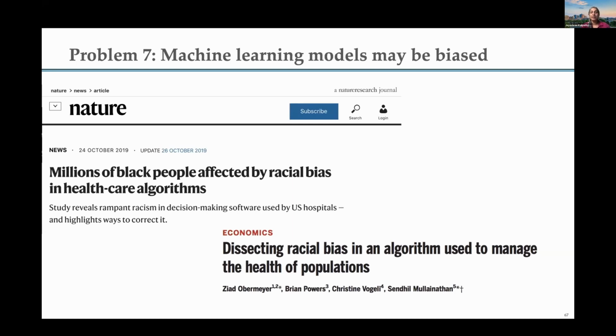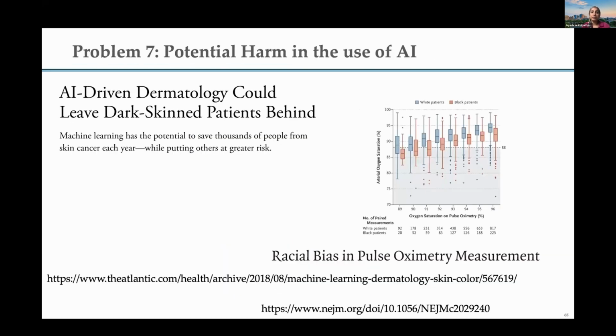So we've seen this in healthcare decision making. If you use things like expenses as a proxy for health, you can end up with a biased model, and there's some really good work done there. We've also seen where things like skin pigmentation can leave people behind.